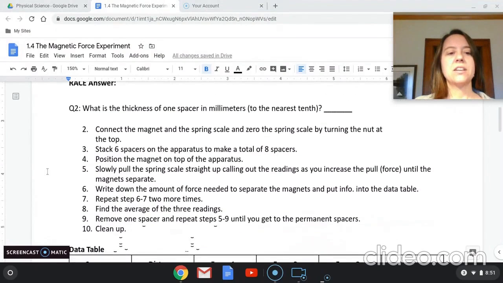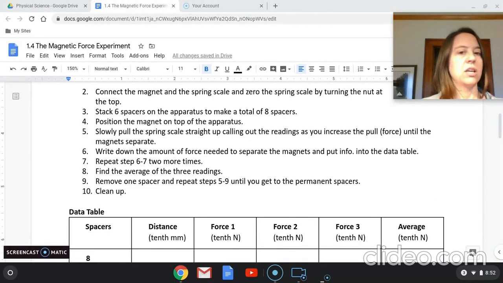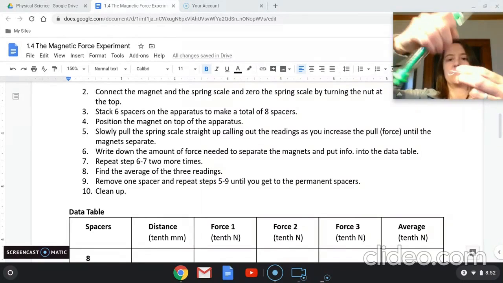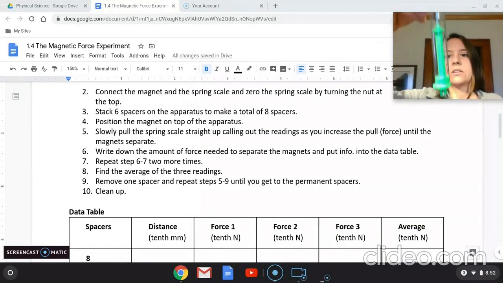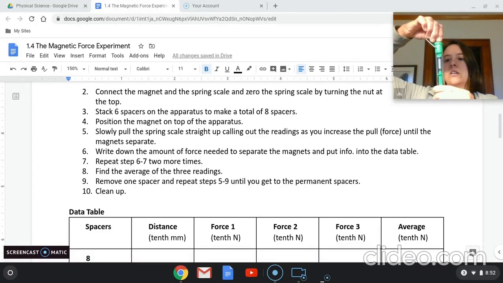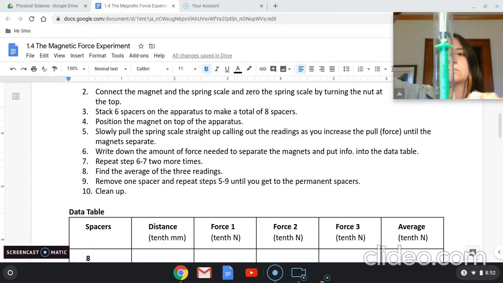Great, then moving on to number 2: connect the magnet and the spring scale and zero the spring scale by turning the nut at the top, and stack 6 spacers on the apparatus to make a total of 8 spacers. So I'm going to connect the magnet to the spring scale, and you might be able to see that it's not at 0, so I'm going to turn the nut until the top of the force indicator is at 0.